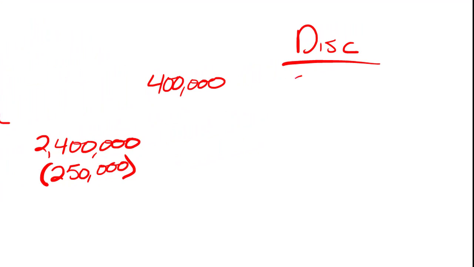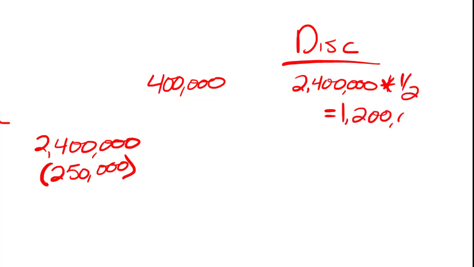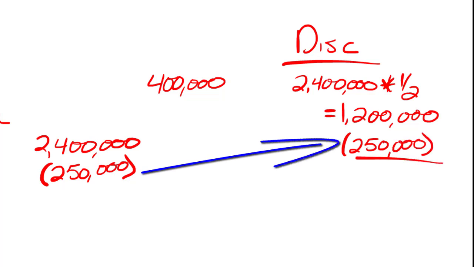So let's see, we were told that half of our purchases qualified for discounts. So 1.2 million was sold to us with a discount, 2/10 net 30. We can pay in 10 days, get a 2% discount. But of that 1.2 million, we were told that the 250 returned was part of that group.